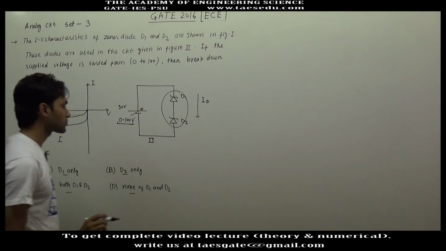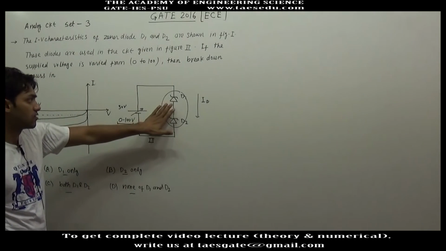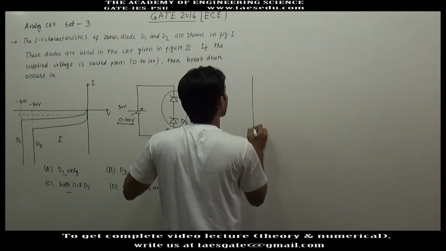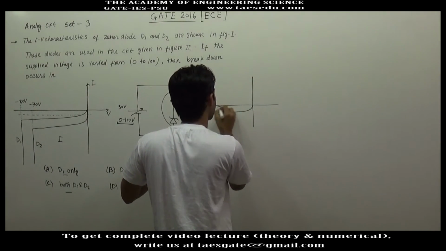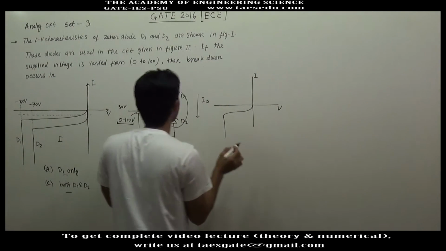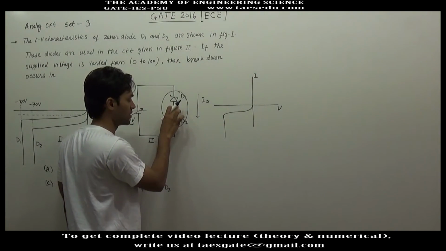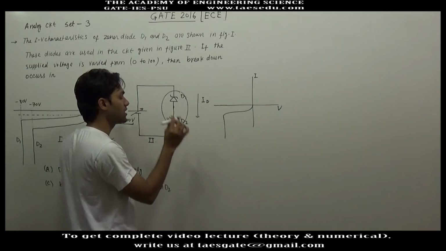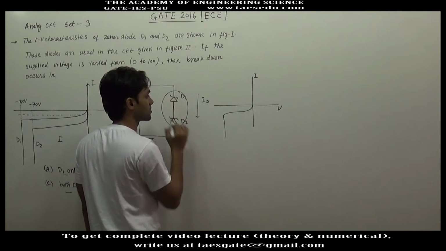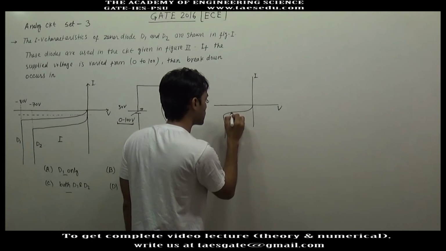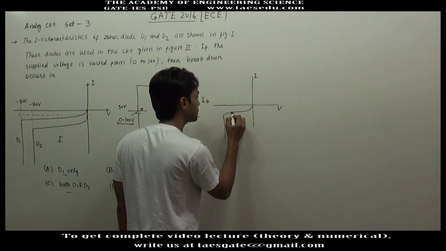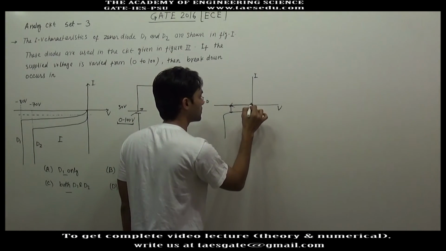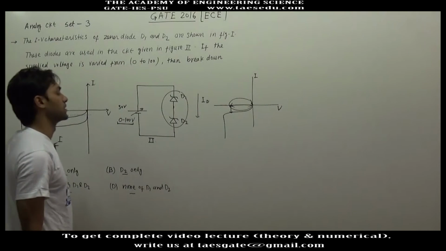Now you have the current voltage characteristic of D1 as well as of D2. If you have the value of current through diode D1, with the help of the current voltage characteristic, for that value of current you can easily find the voltage across this diode. Let's say this is the current through diode D1. So what will be the voltage? If this height is the current, this width will be the voltage across diode D1.